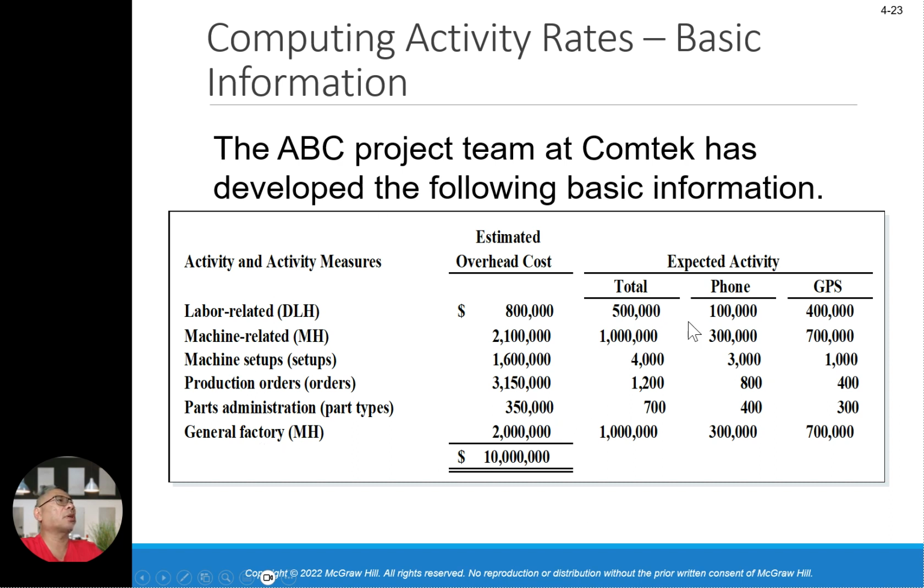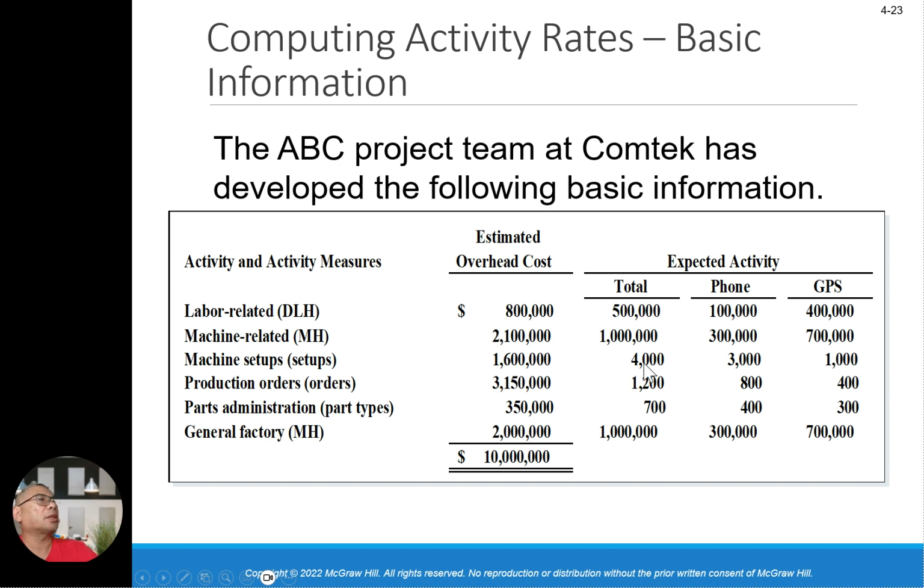So total is 10 million. The expected activity total here is 500, each category 100 to 400. Machine related 2.1 million here, 300, 700. Why you got this 1 million is a combination of these two. Okay, phone and GPS total.